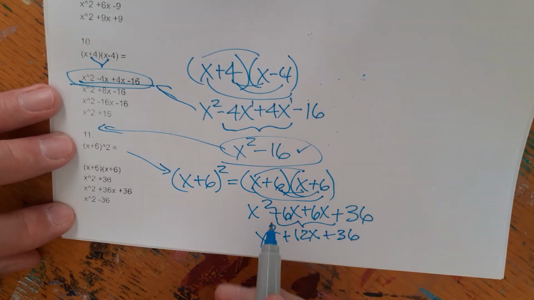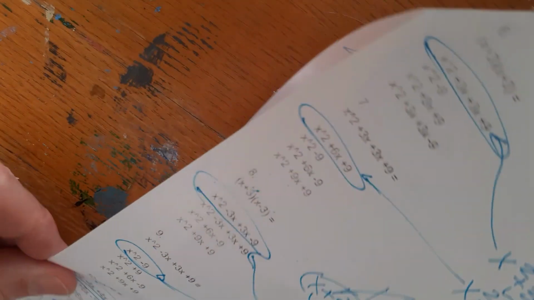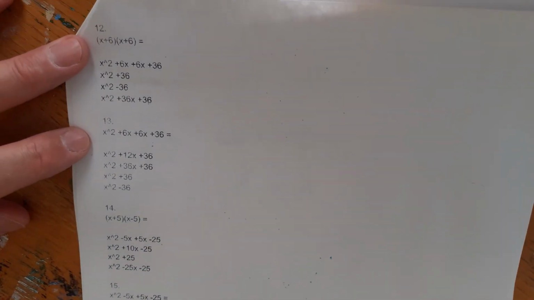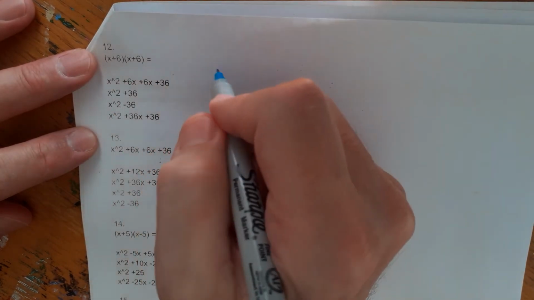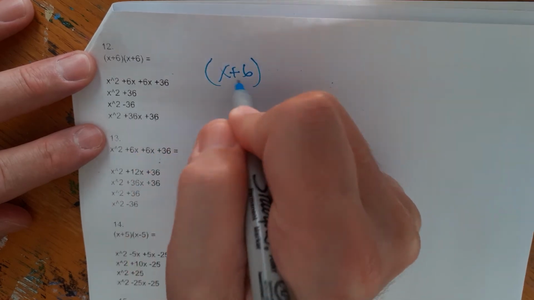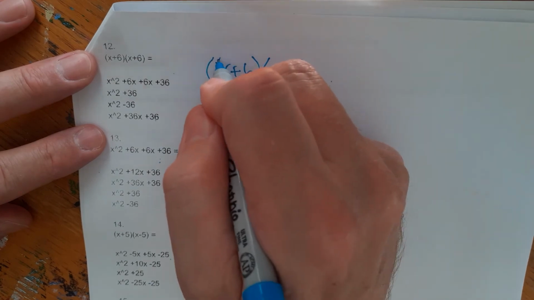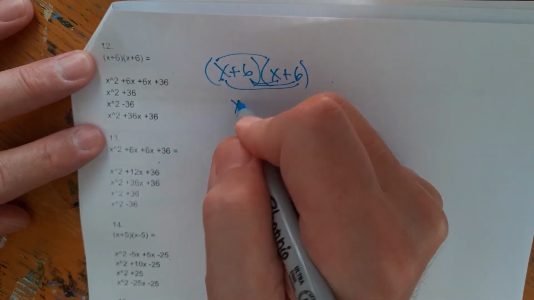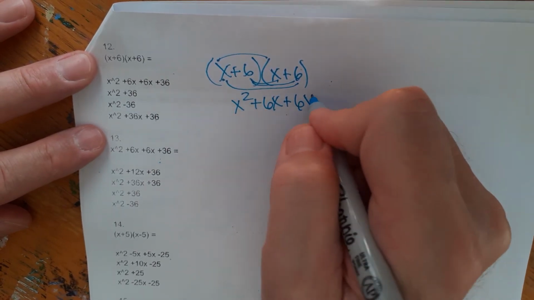Interestingly enough, here's this one here. That's that answer. Do they continue on with the 12x over here? No, they give us another one right here, x plus 6, x plus 6. Let's do that, okay. First, outside, inside, last is x squared plus 6x plus 6x. Didn't I just do this one?